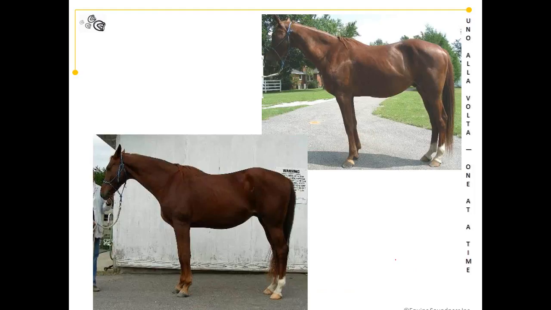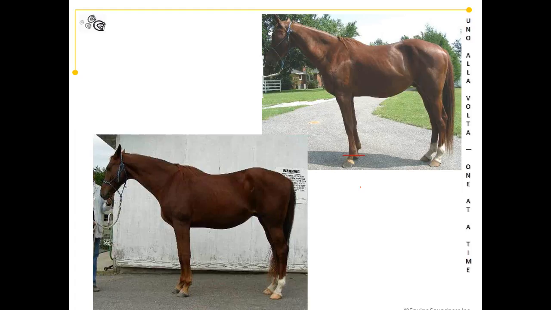I often get pictures sent of horses and people just send me the hoof picture up to here, and then I'm supposed to say something. This is very difficult because you have to evaluate the horse that stands on top of this. We're going to talk a little more about this in a lecture about conformation.